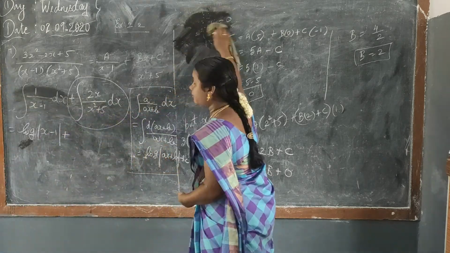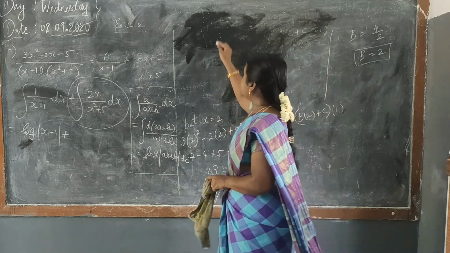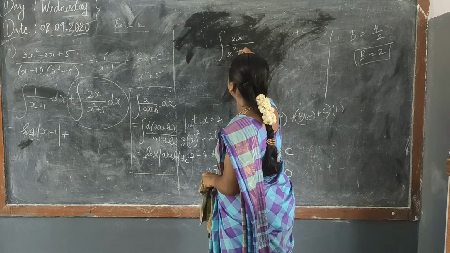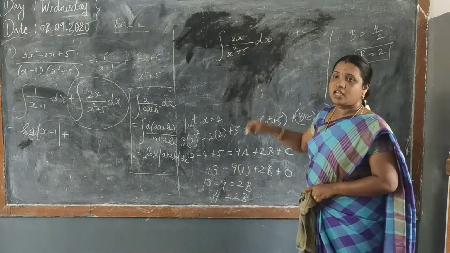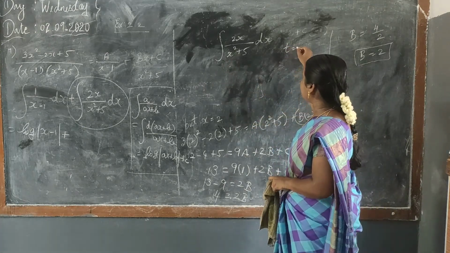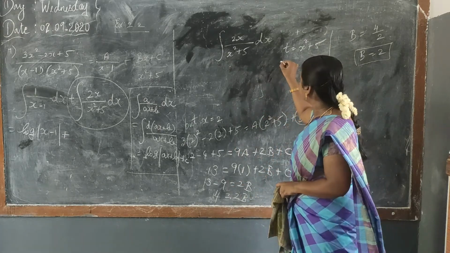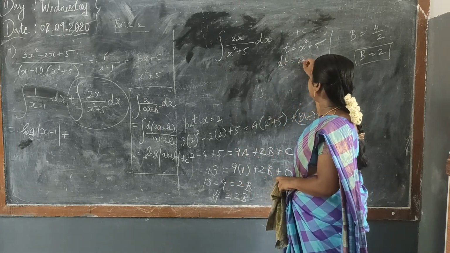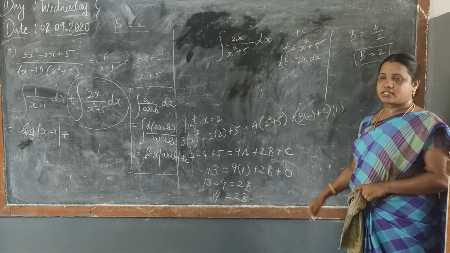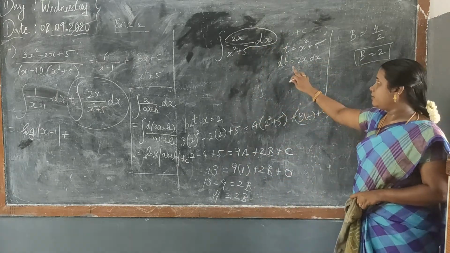See, I want to separate this and listen. What is the question given here? Integrate 2x by x square plus 5 dx. I am going to keep x square plus 5 as t. T is equal to x square plus 5. You have to differentiate. What is dt? dt is 2x dx, differentiating with respect to x. So in the place of 2x dx, write dt.